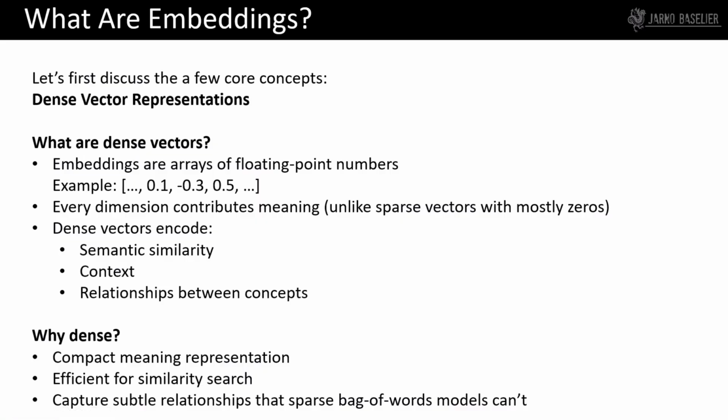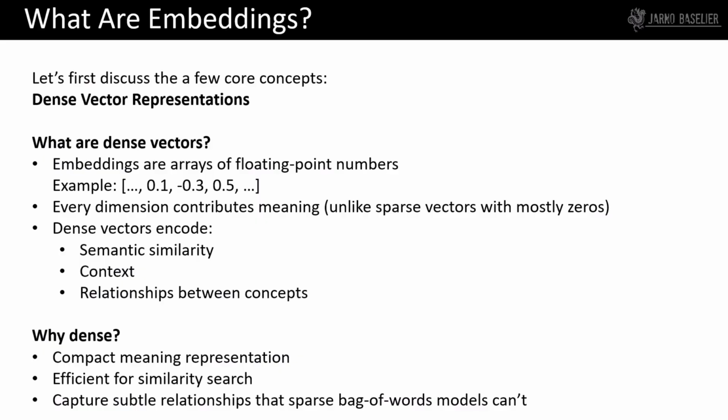So what are embeddings? First, let's discuss a few core concepts, the dense vector representations. What are dense vectors? Embeddings are arrays of floating point numbers. We know this already. For example, we see a small part of a potential embedding array, and every dimension contributes meaning, unlike sparse vectors with mostly zeros.